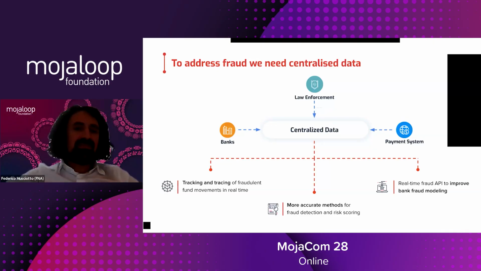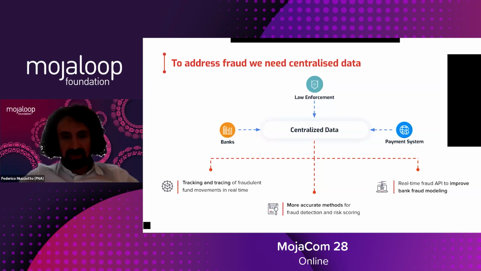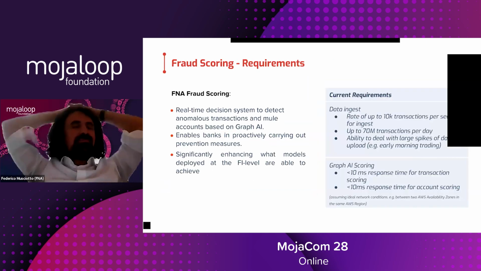Even forgetting about the specific class of these actors around the centralized data, we can focus on the fact that there is centralized payment data, and this already enables some action with respect to anti-fraud capabilities.